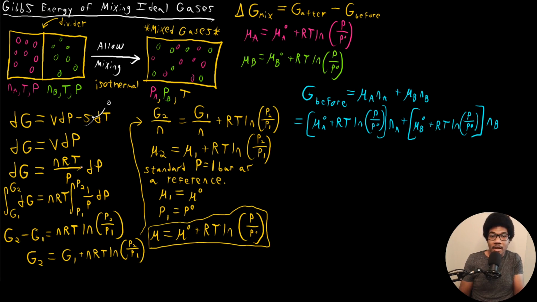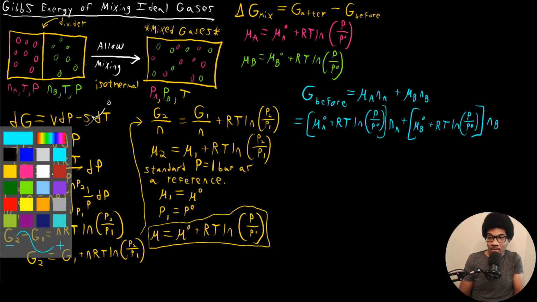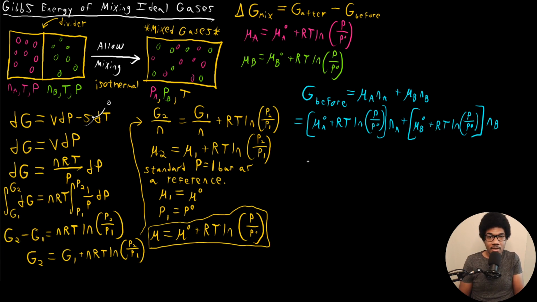Now, if we want to get a free energy for after the mixing occurs, keep in mind that after the mixing occurs, we're dealing with different pressures, right? So we can still use these general expressions. The only difference here is that we're going to have to deal with the partial pressures PA and PB, right? Those pressures change from just being total pressures of these divided volumes to now being partial pressures with respect to the total volume of the mixture, right? So we can define a G after mixing in the same way, right?